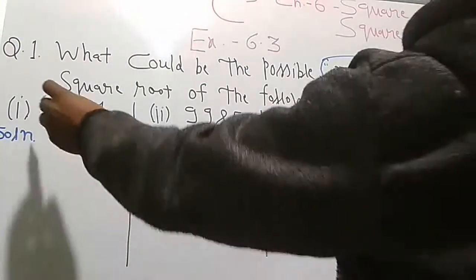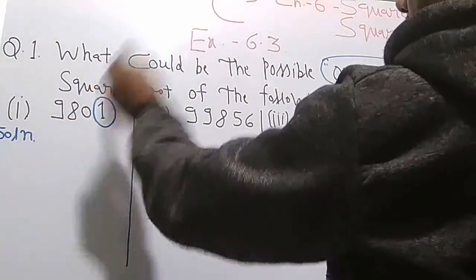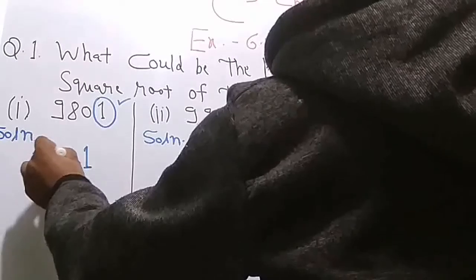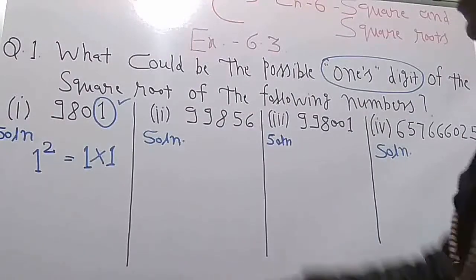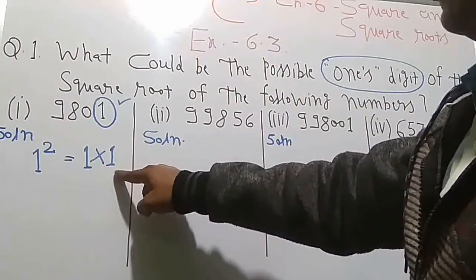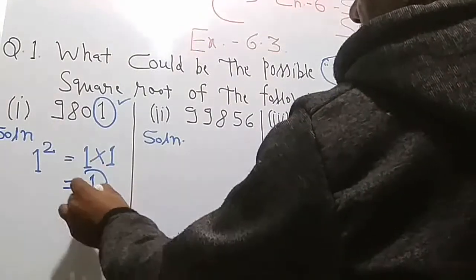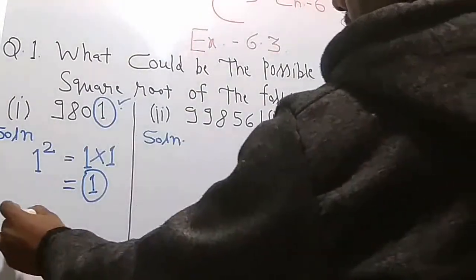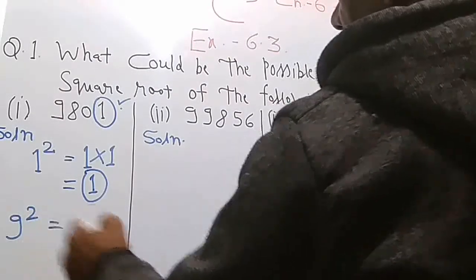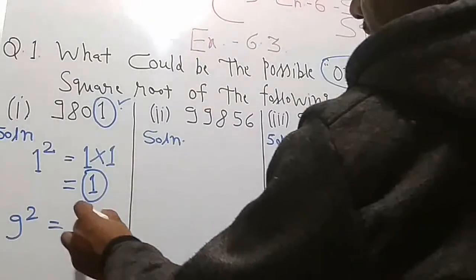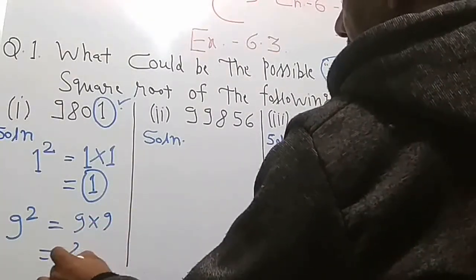So the first number is 9801, in which the ones place digit is 1. When we take the square of 1, the answer is 1 multiplied by 1, that is 1. So the ones place digit is 1. And in the case of 9, when we take the square of 9, it is 9 into 9, 9 nines are 81.